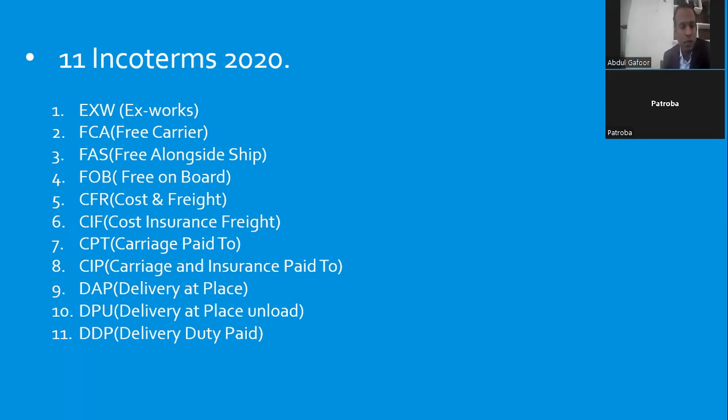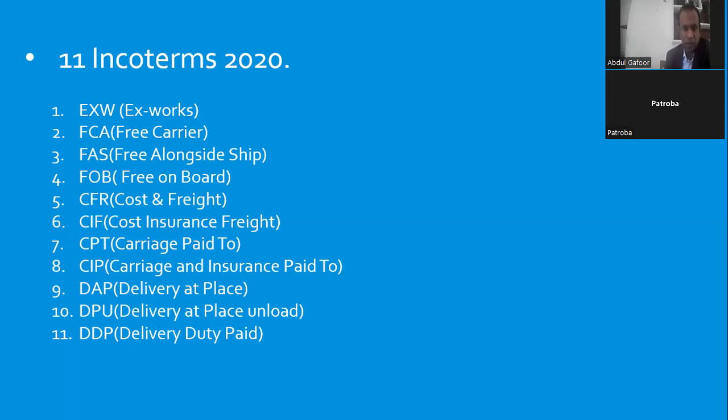What I'm saying is you have to make the insurance Institute Clause A, not Institute Clause C, which is for CIF. So most of the things will be covered. So insurance for CIP should be in Institute Clause A, the comprehensive one. Yes, that is comprehensive.